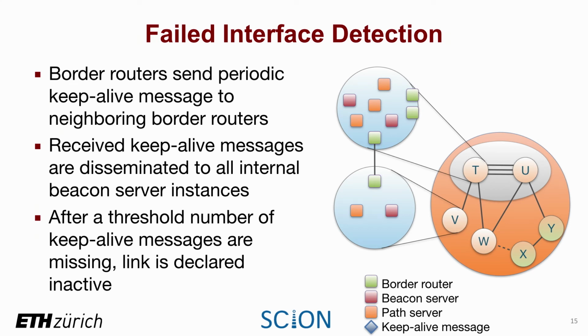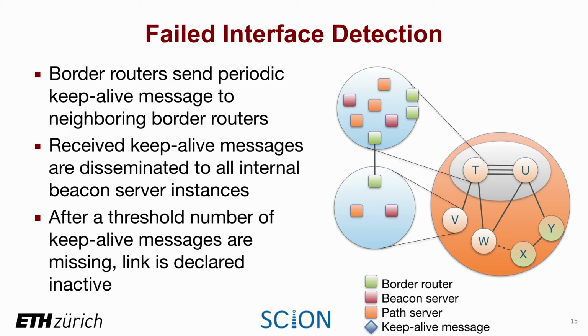So next we'll look at how SCION can detect failed interfaces. In essence, border routers send periodic keep alive messages to the neighboring border routers. And you can see such a keep alive message here, the blue diamond that is sent up. The border router that receives such a keep alive message resends it and disseminates it to all internal beacon server instances that are alive.